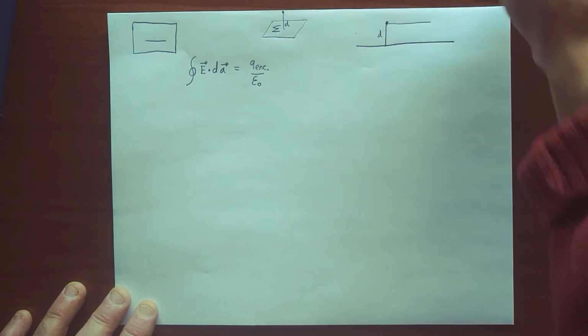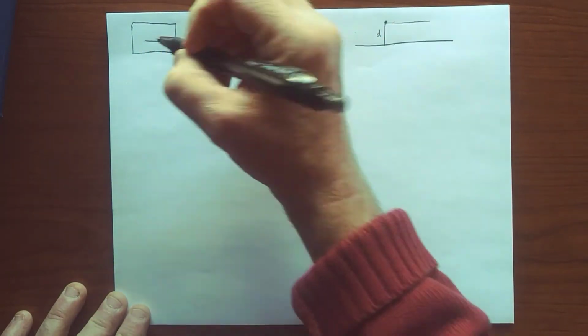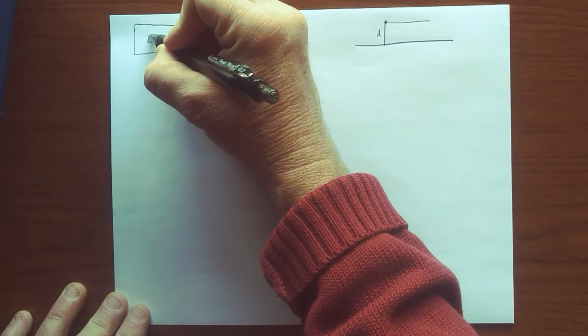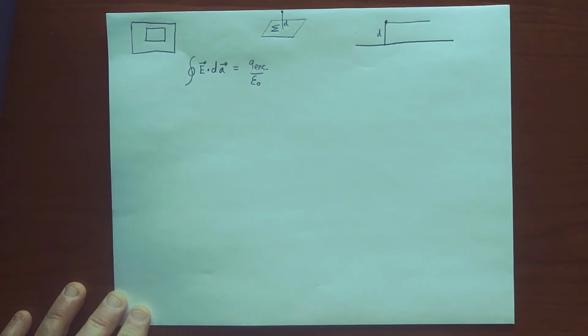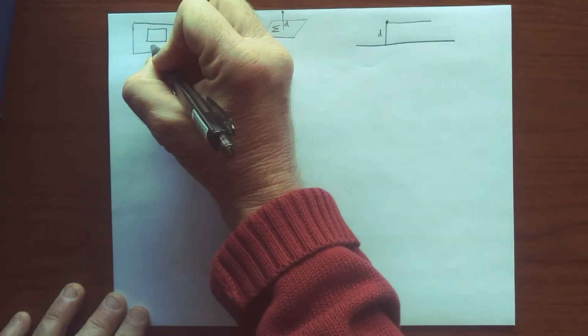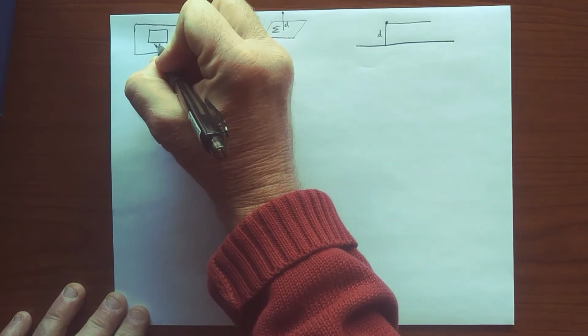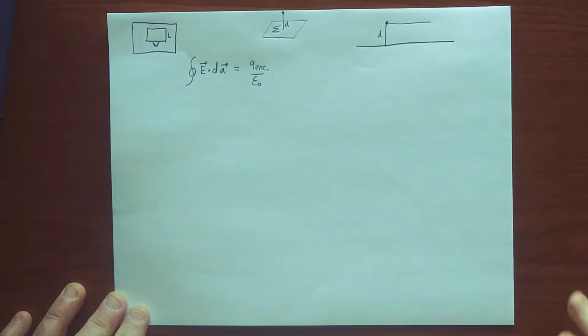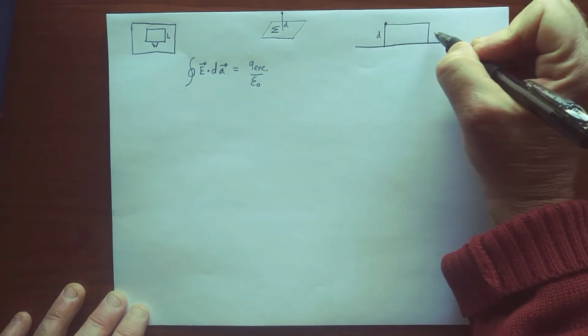We need to construct a two-dimensional region. So it could be maybe a rectangle. Okay, so we are at a distance d, and that rectangle could have a width and two sides, w and l, let's say. Okay, and then this is the distance d as well.